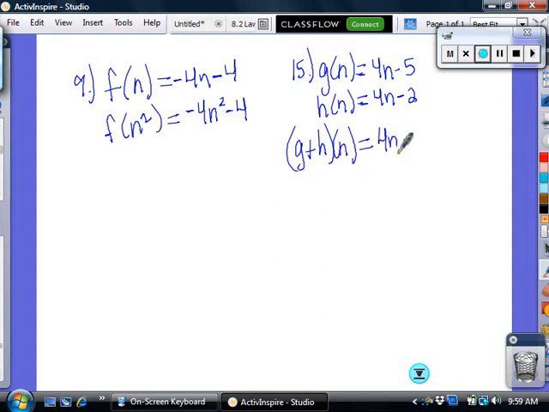So g plus h. Since I'm adding, there's not really any need for the parentheses, are there? If I were subtracting, which I'm about to do in number 20, what would happen to all these signs in the second one? They would change. But since I'm adding, we're just going to simply combine like terms, and that's going to be it right there.